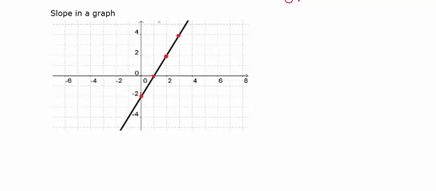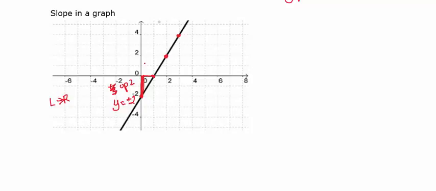But let's take these first two. And we go from left to right. I want to know, what did I do going from left to right? Well, to get from this point to this point, up and down, I went up 2. Which means that the change in y is positive 2 because I went up.